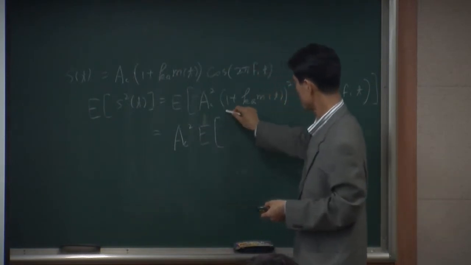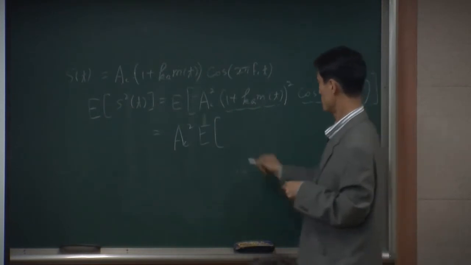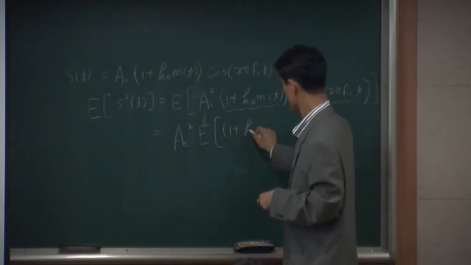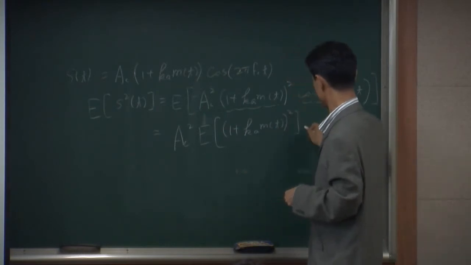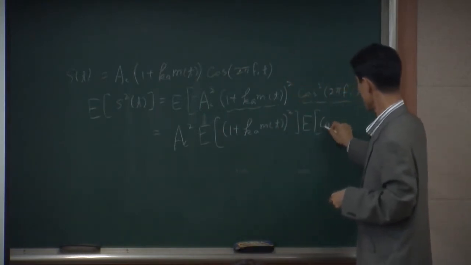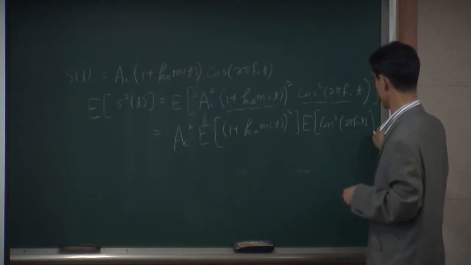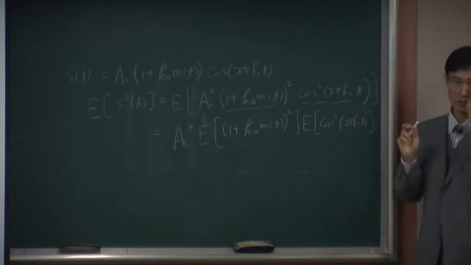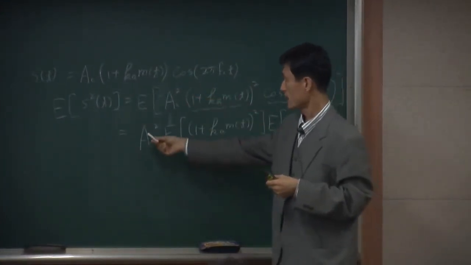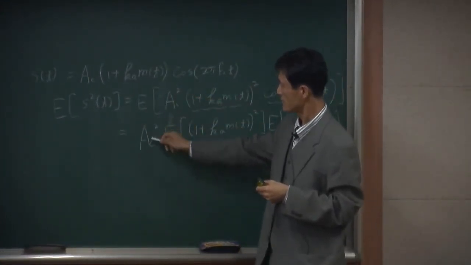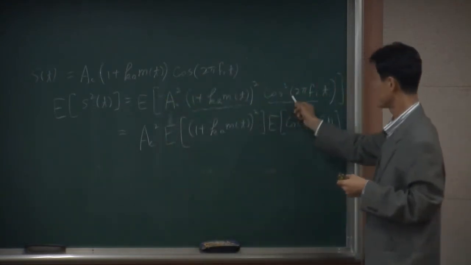Now, this part and this part are independent, so you can separate these two because they are independent. The expectation of the whole thing is the same as Ac squared, a constant, so bring it out, and this is expectation and expectation of also cosine.